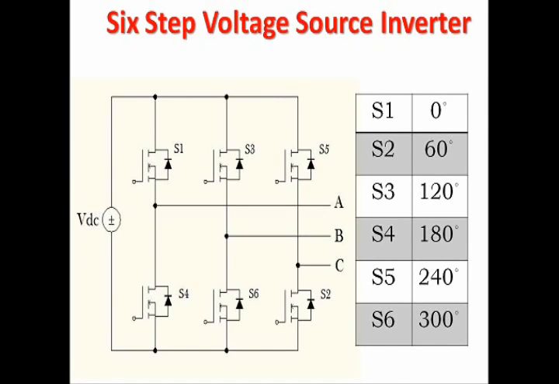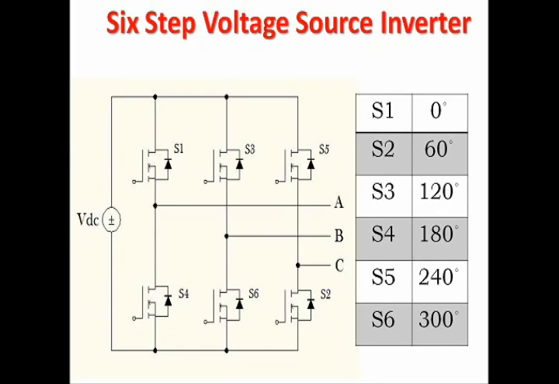The table represents the firing angle. Before analyzing it, we have to be very clear about the term firing angle. What is firing angle? Firing angle is the electrical angle at which the gate pulses arrive to make the MOSFET conduct. The MOSFET is switched on whenever the gate pulses are received.